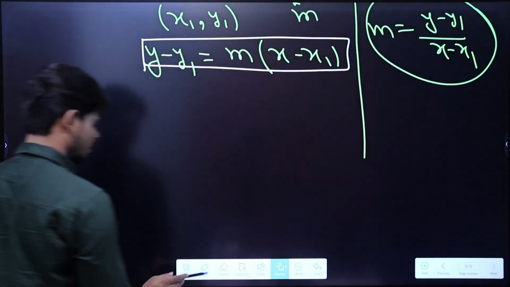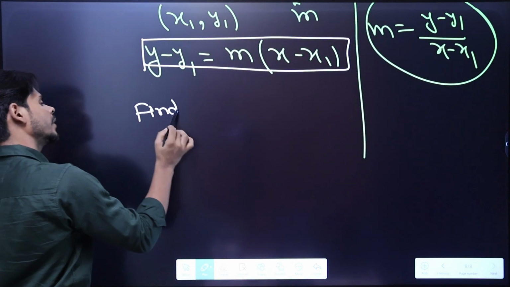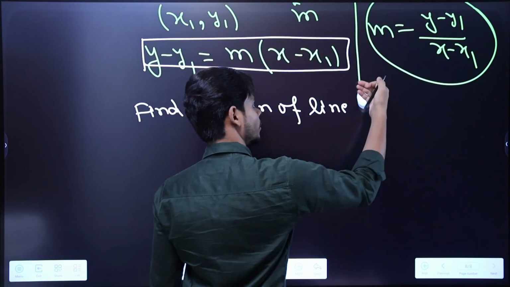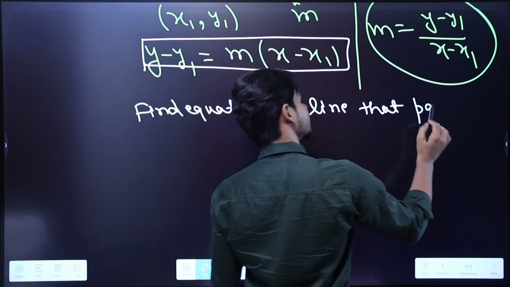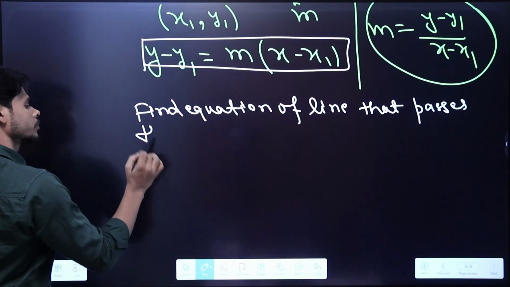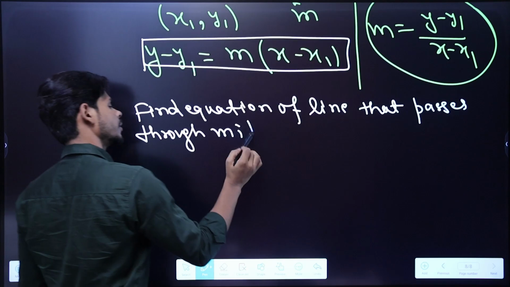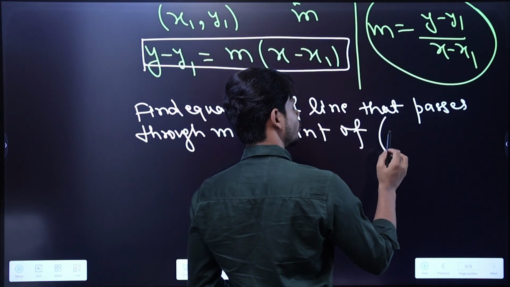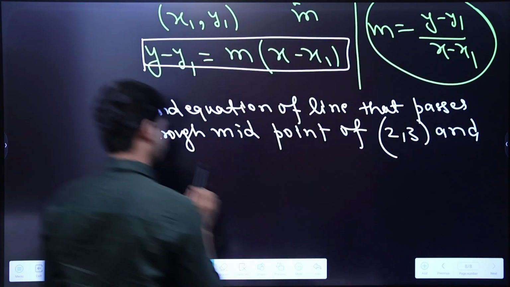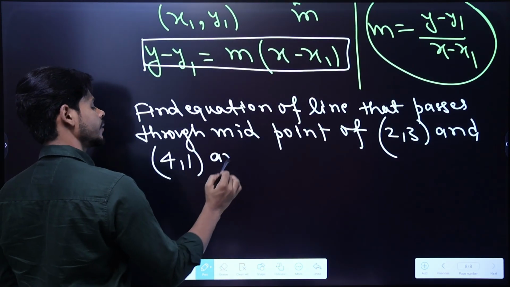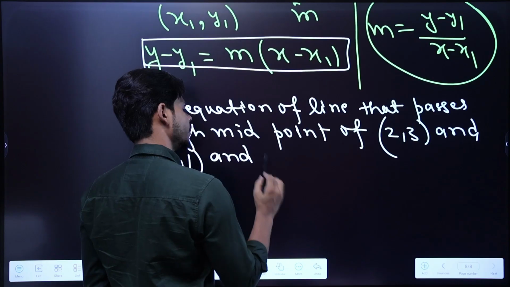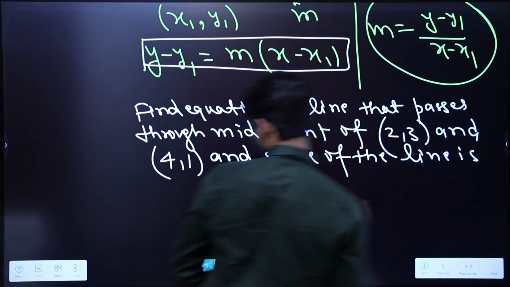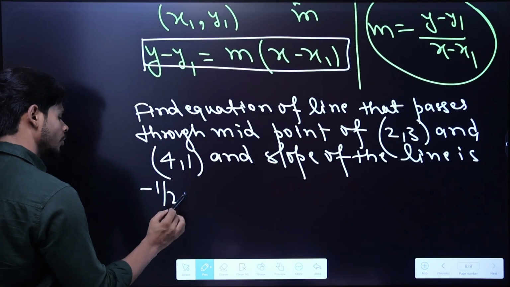For example, the question is: find the equation of the line that passes through the midpoint of (2, 3) and (4, 1), and the slope of the line is negative 1 by 2. So this is the question.